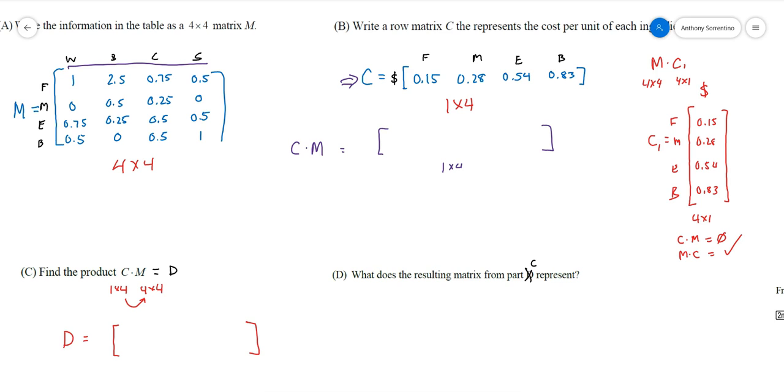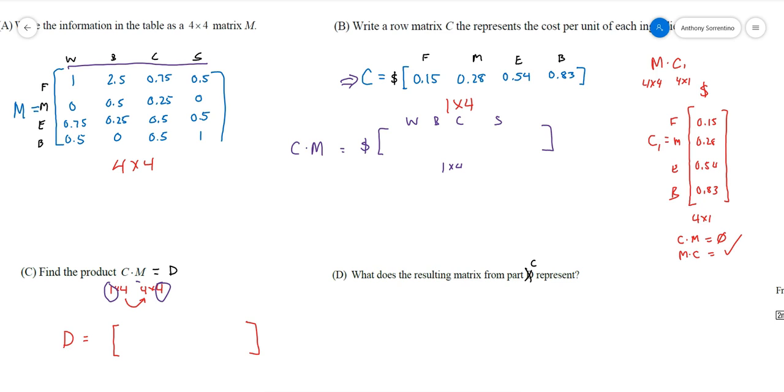I know that because I'm keeping basically the row heading of the first matrix C and the column headings of the second matrix M. Knowing this lets me answer the question right away for part D: what does the resulting matrix represent?